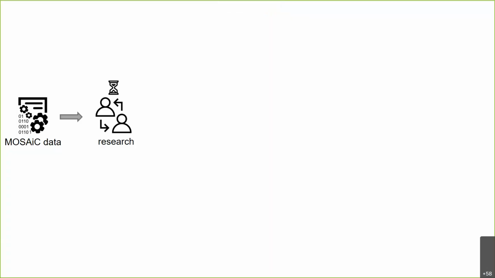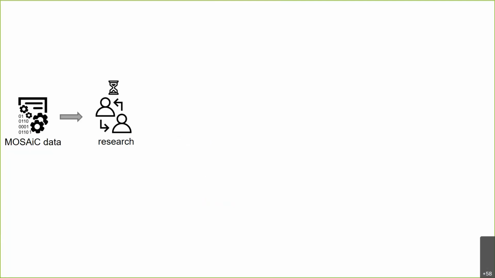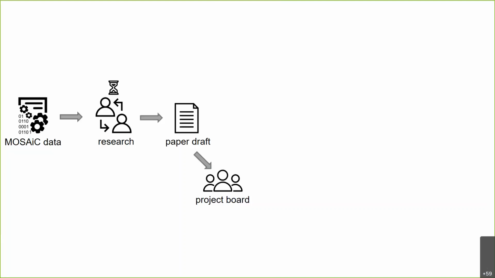So this will probably look familiar to you, a simplified workflow of data through the scientific work and cooperation by researchers, data analysis, and paper writing. So this is something that takes time after the expedition. And at some point, you arrive at a paper draft.